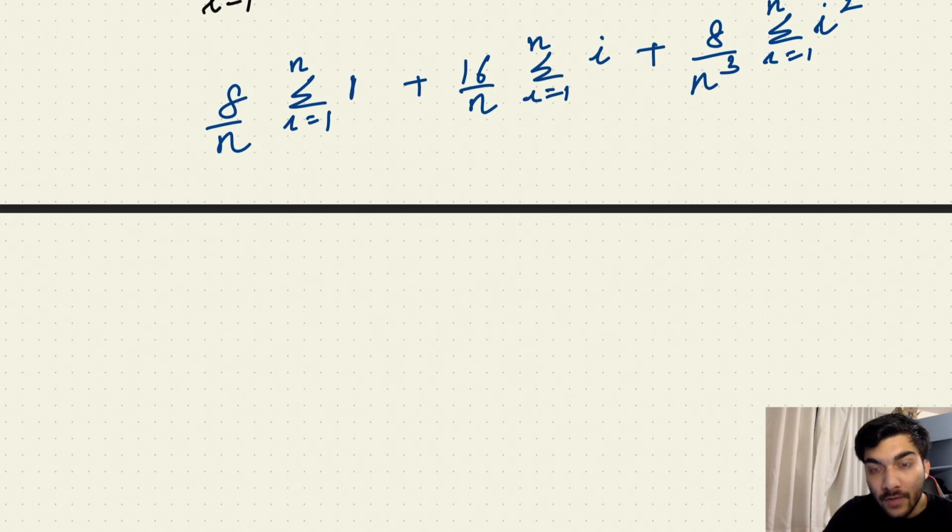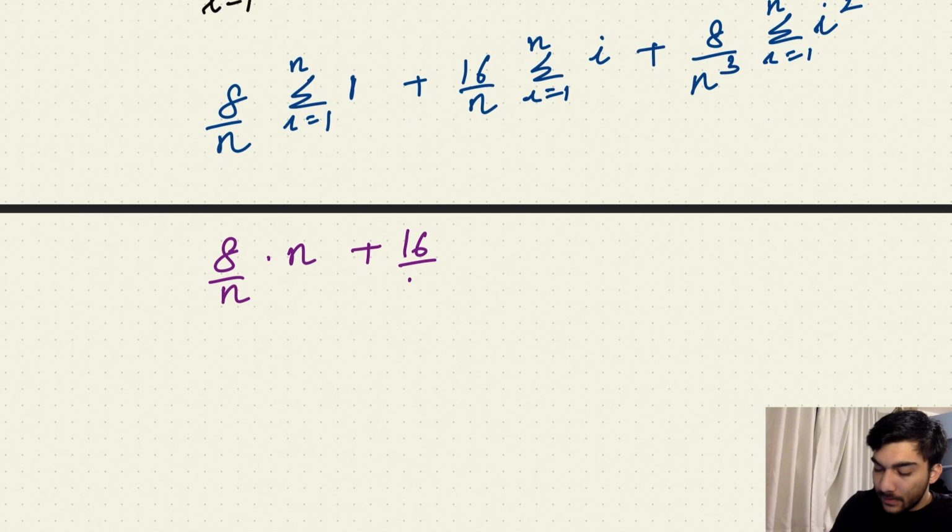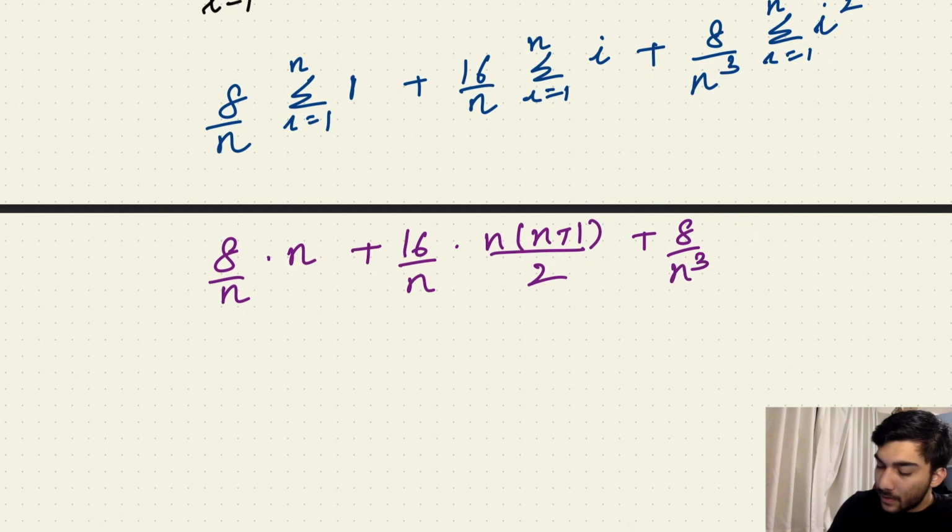So now based on the given information, let's calculate this out. So 8/n times this sigma notation over here would become n, plus the second expression would become n times (n plus 1)/2, and the third expression would become n times (n plus 1) times (2n plus 1)/6.